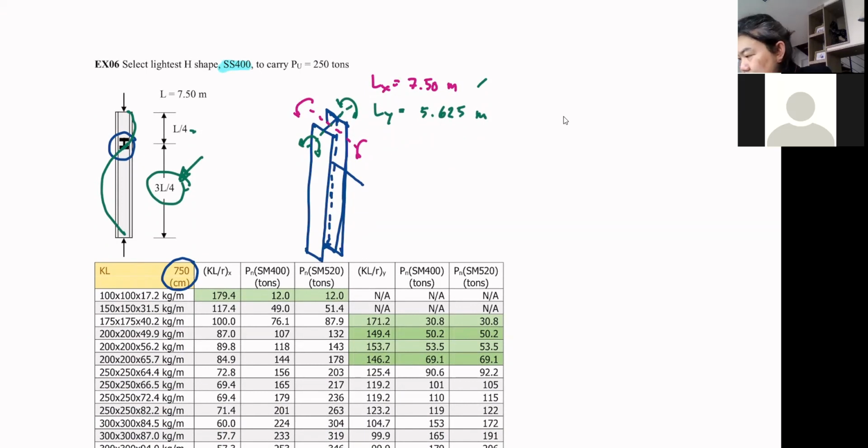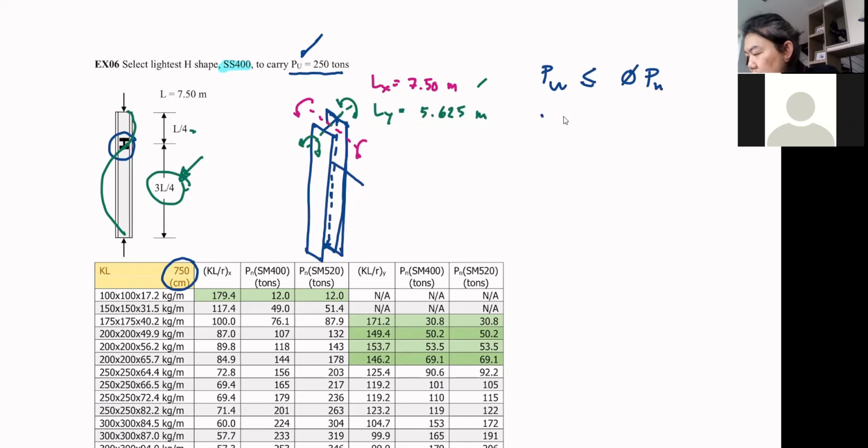So here it is given as PU, but for your work and your exam, I think we are going to stick to ASD, okay? But when you see PU, somewhere in the future, you would know that this is the LRFD. So from the equation, PU cannot be greater than phi PN.